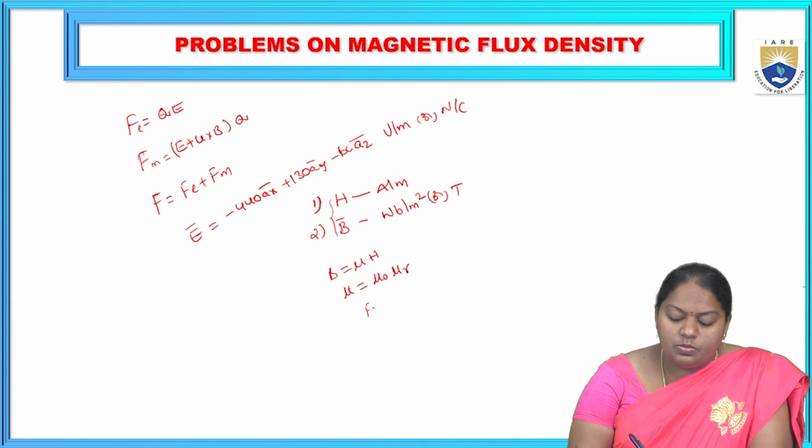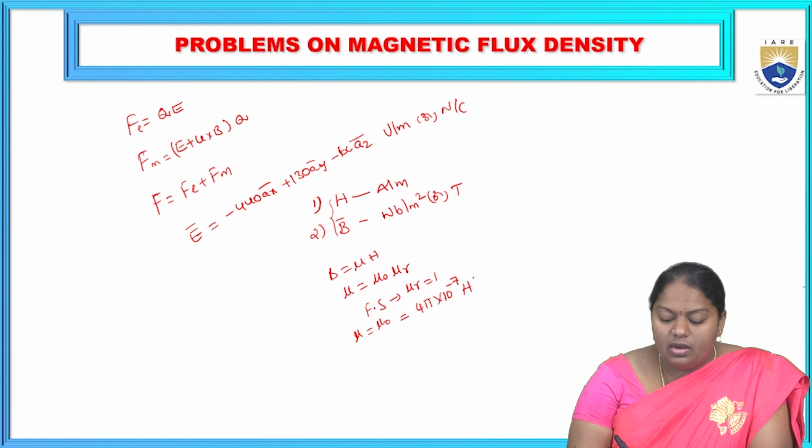For a free space medium, mu r equals 1, hence mu is equal to mu naught, and its value is 4 pi into 10 power minus 7, measured in Henry per meter.